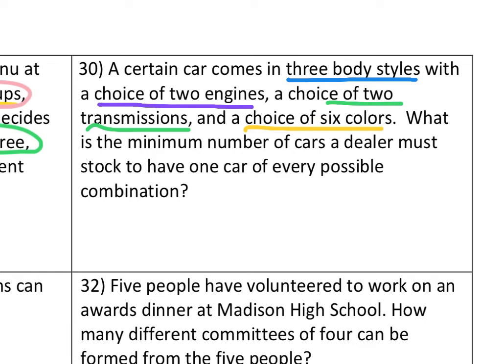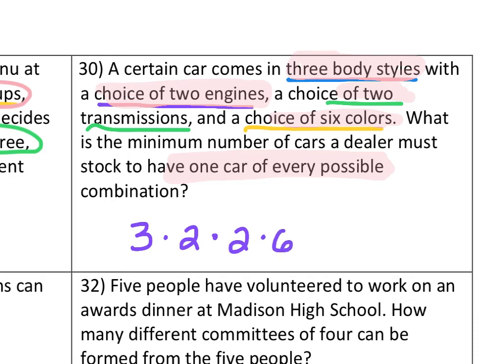And so this car dealer wants to be sure that there are one of every possible combination, so that, for example, they might have a sports coupe with a manual transmission that comes in yellow, so that they've got every possible different combination. And so you want to actually just multiply those numbers. So 3 body styles times 2 engines times 2 transmissions times 6 colors, and you should get 72.